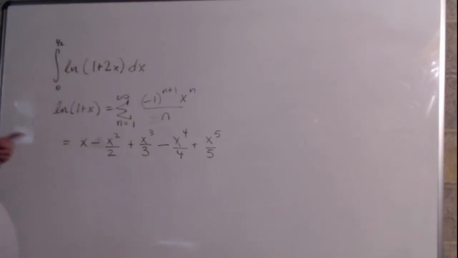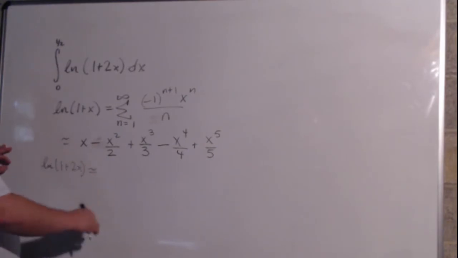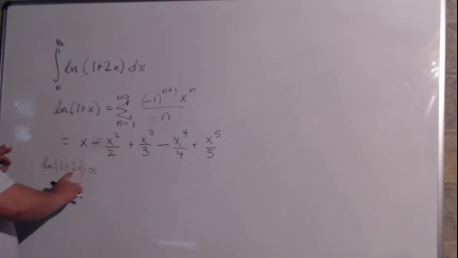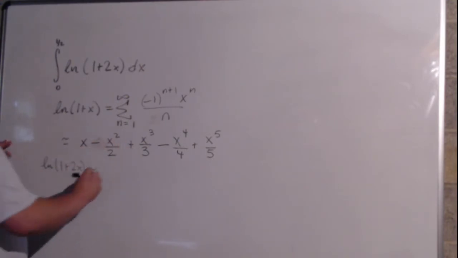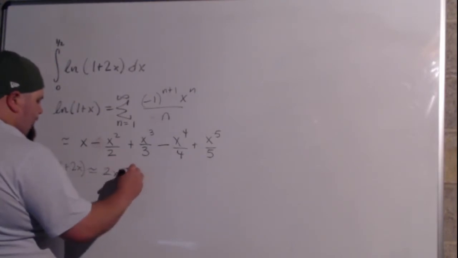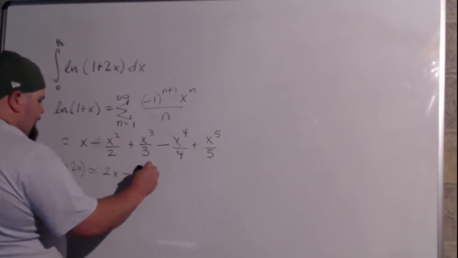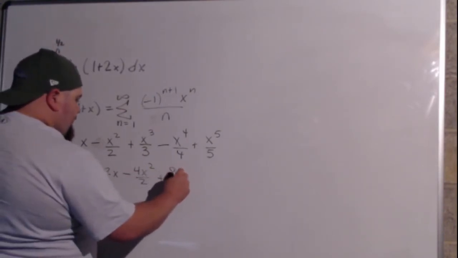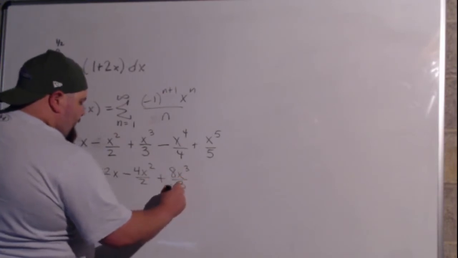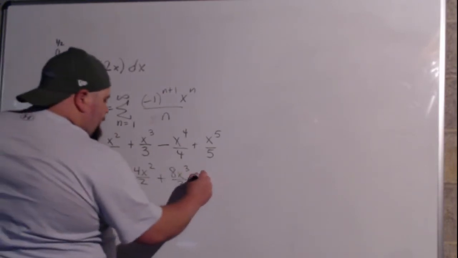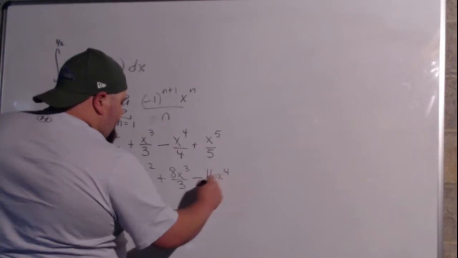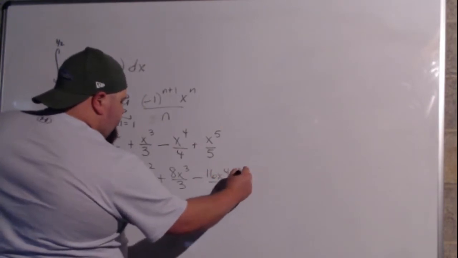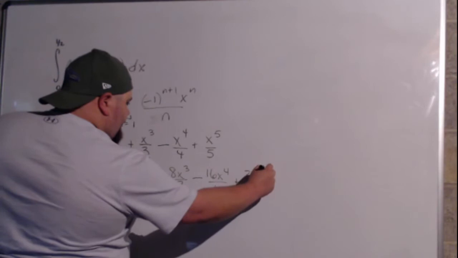Now that's natural log of 1 plus x. If we want the natural log of 1 plus 2x, well, everywhere we see an x, we're just going to plug in 2x. So 2x minus 4x squared over 2 plus 8x cubed over 3 minus 16x to the 4th over 4 plus 32x to the 5th over 5.